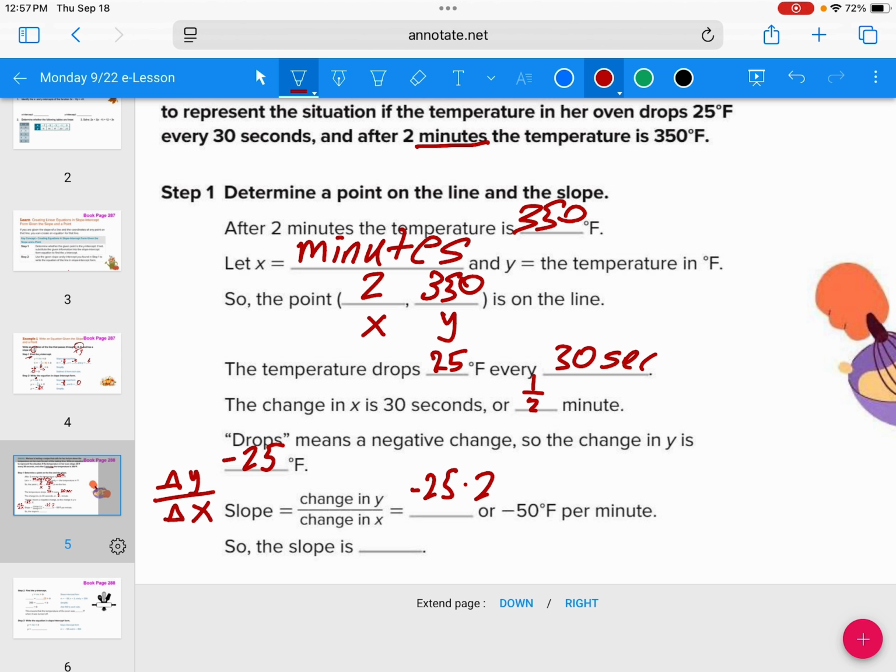So the slope in our problem is negative 50 over 1. Again, you could also write this as negative 25 over 0.5, but typically we try not to have decimals in our fractions. It just makes things a little simpler.